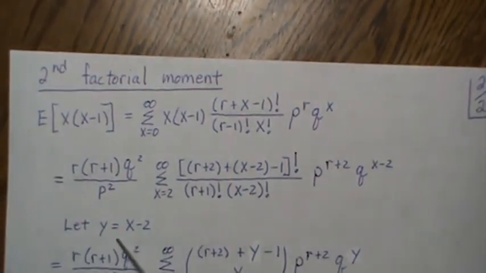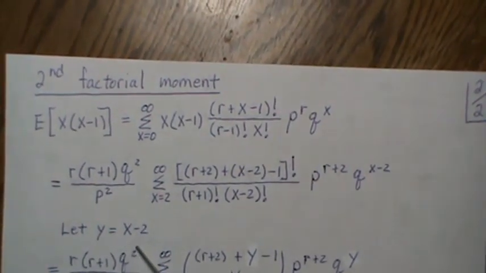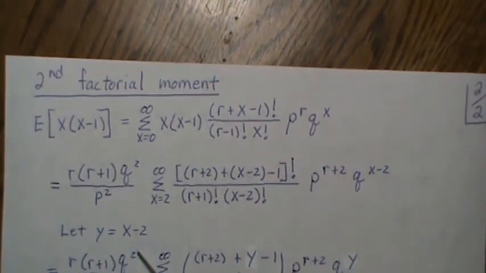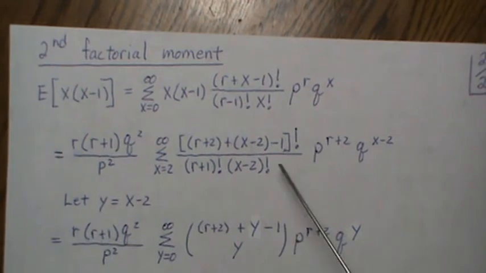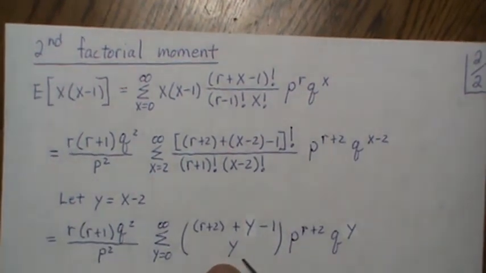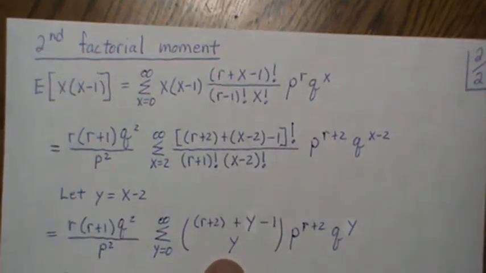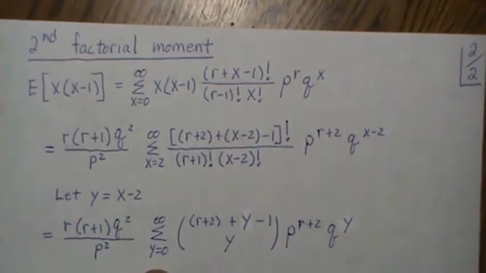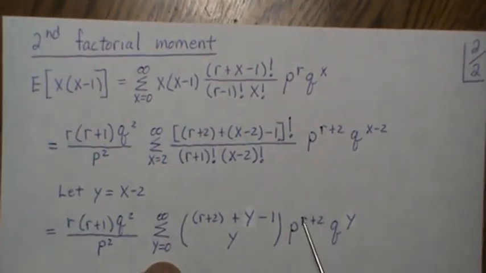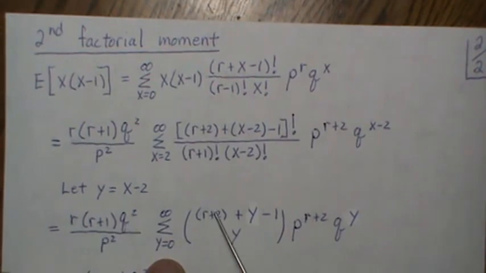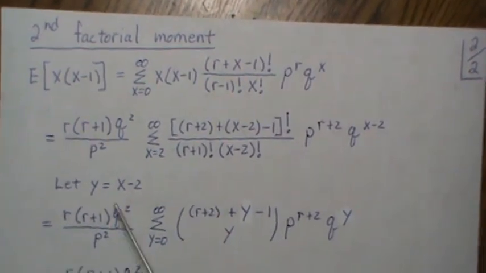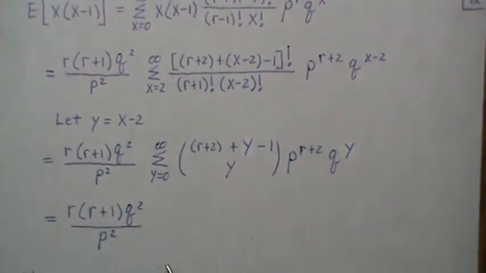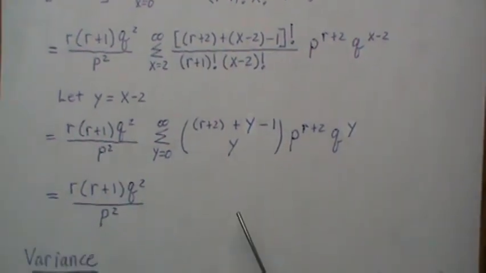We do an index change, so let's let Y equal X minus 2, and so there's a minus 2 here. We just write it in combinatorics again. This is a negative binomial with a new parameter R plus 2, so you can call that R star. Anyway, this sums to 1, and we're left with this stuff out here. So that's the second factorial moment.